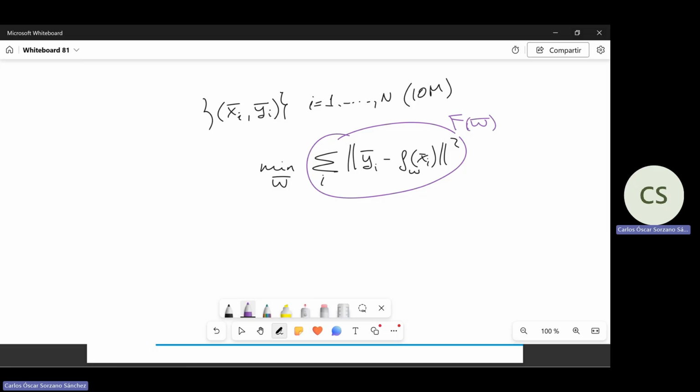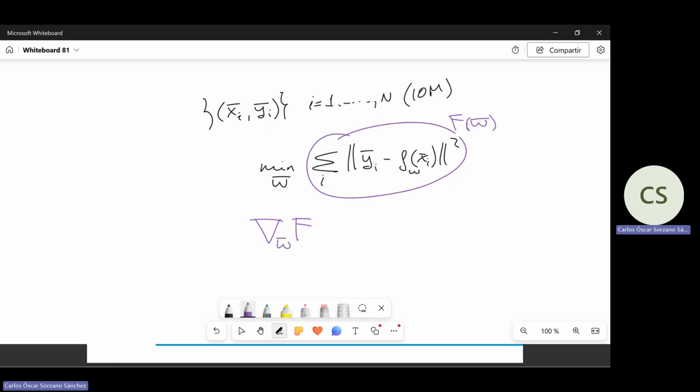Then I want the gradient of F with respect to w. But for computing this gradient, I have to evaluate this function a million times or 10 million times, because I have 10 million points. So computing this gradient is very expensive.